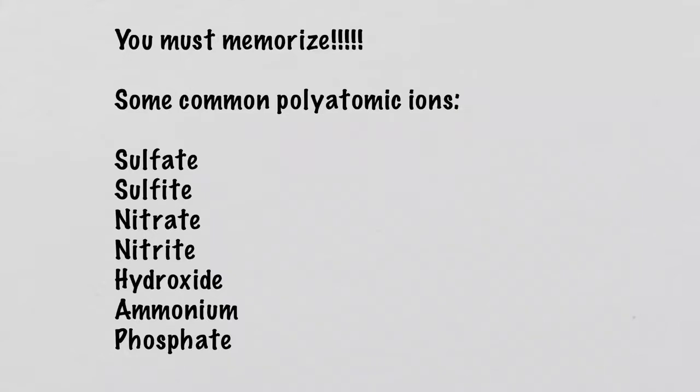Don't cut corners, don't skip steps here, because then it'll be very hard for you to see how to name compounds. Or the flip side, of course, is writing the formulas from the compounds. What I listed here are just a few of the common ones. Take a look in your textbook or the notes or handouts that your teacher or professor gave you for what you need to know for the course.